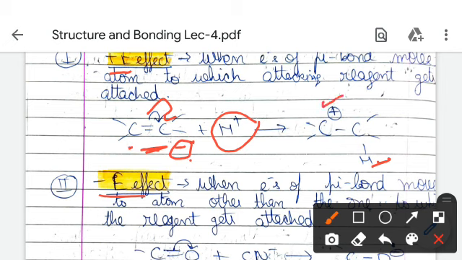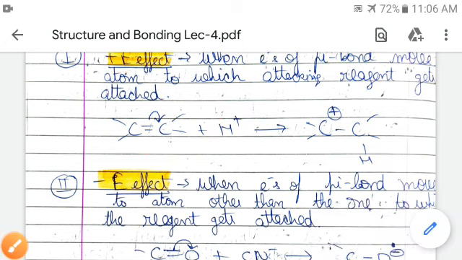So when the pi electrons move towards the carbon where the attacking reagent gets attached, then it is said to have plus E effect, plus electromagnetic effect. If the electron movement is in the other direction and the reagent gets attached to the other atom, then it is minus E effect.